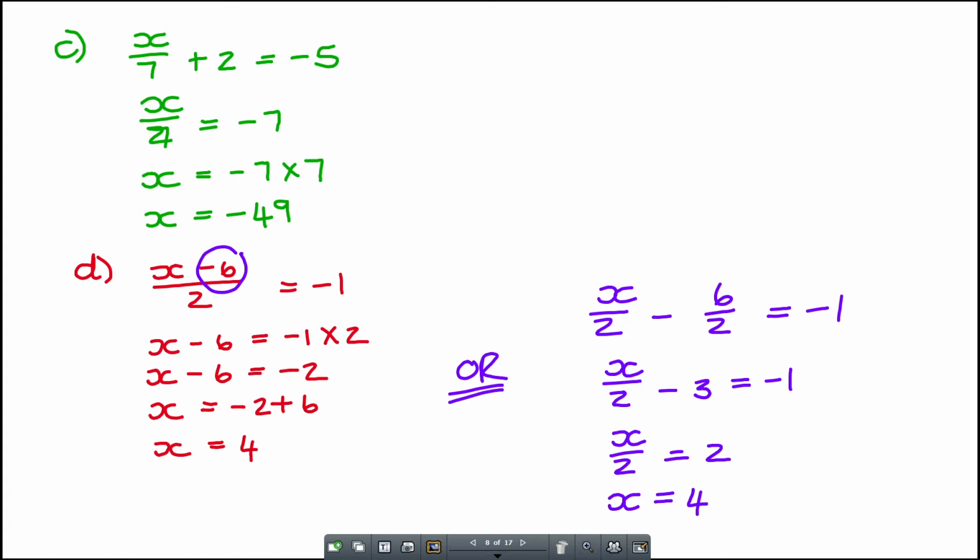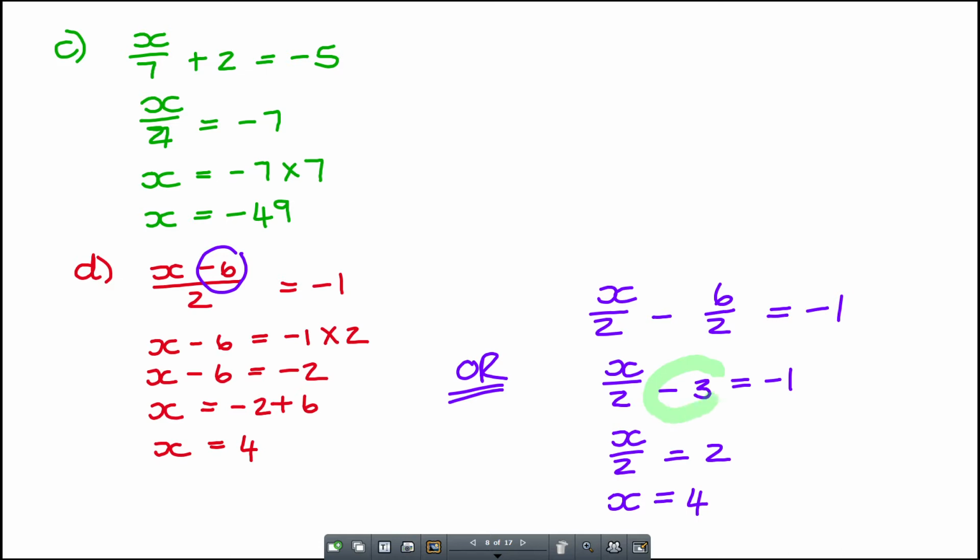Or look at the right-hand side, that purple one. What I did is I said x over 2 minus 6 over 2. Can you see that? I broke it up. Then you will see that that 6 over 2 is actually 3. Some kids like taking it from there.